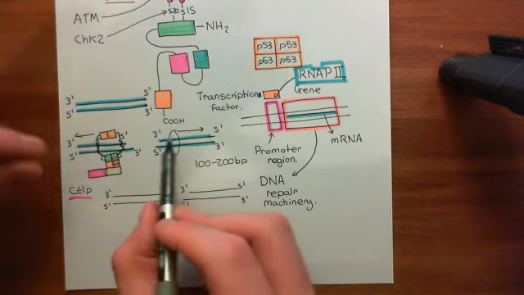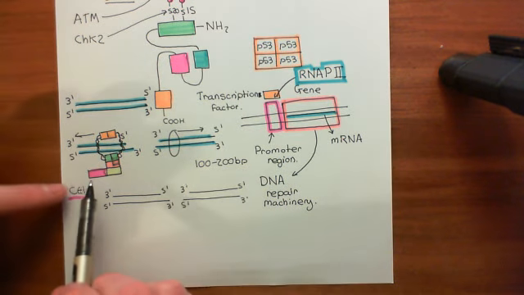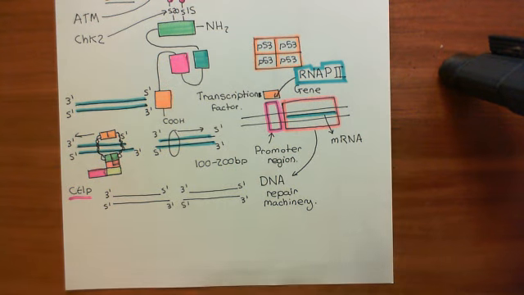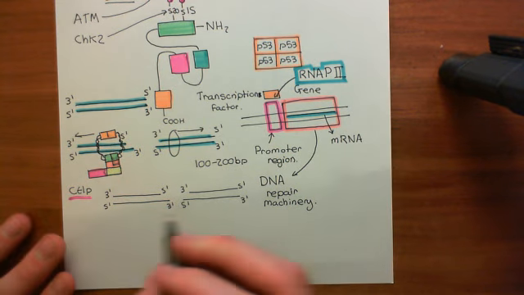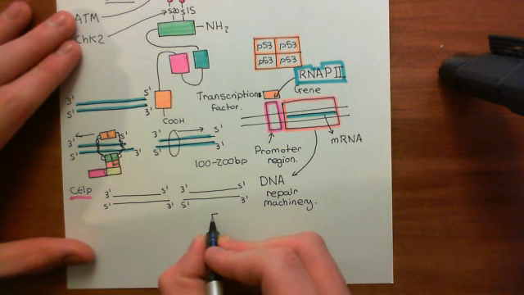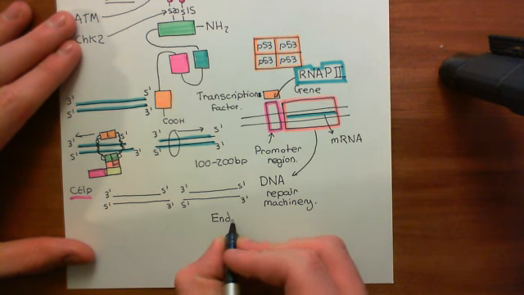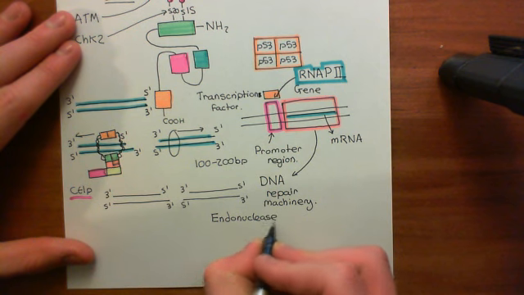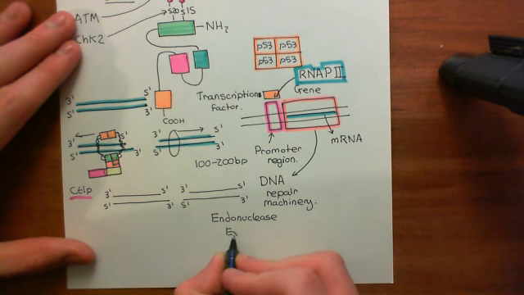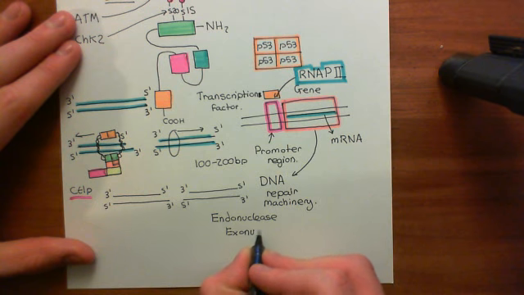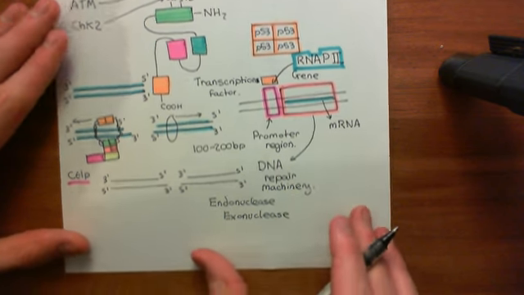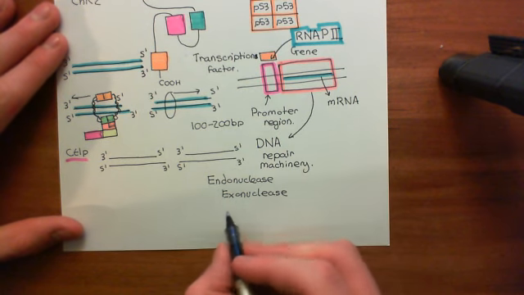Now, the MRN complexes, which have now got CtIP bound to them, are moving up the DNA, and they're then going to make an endonuclease cut. I probably should just explain what the difference between an endonuclease and an exonuclease is. Right. So, let's begin with an exonuclease. An exonuclease is easier to explain.